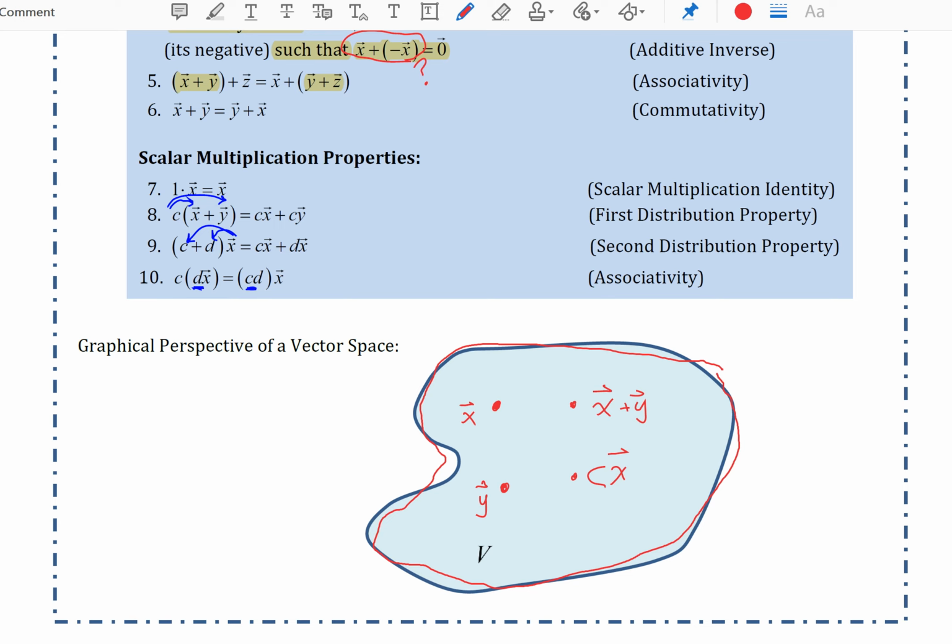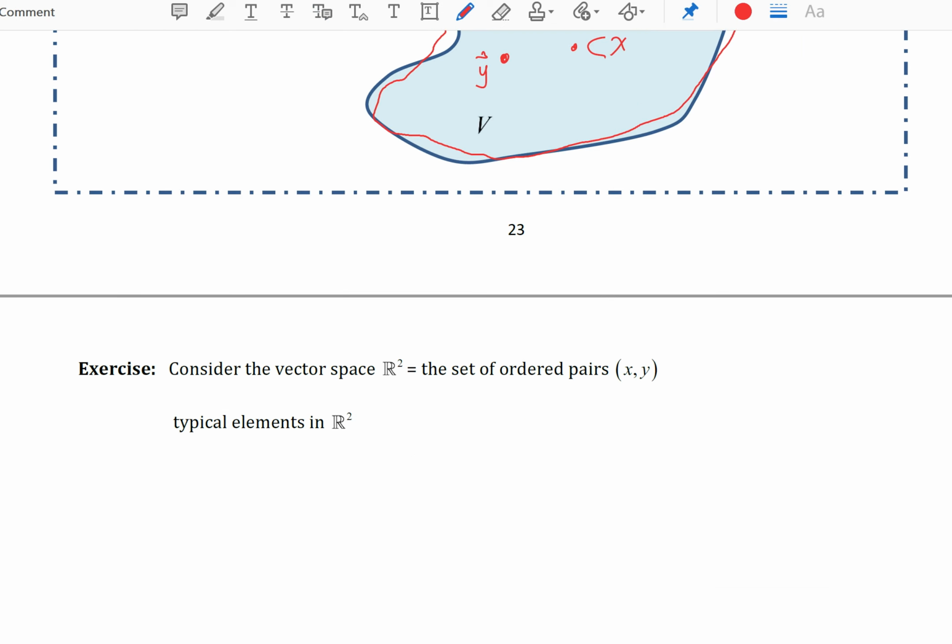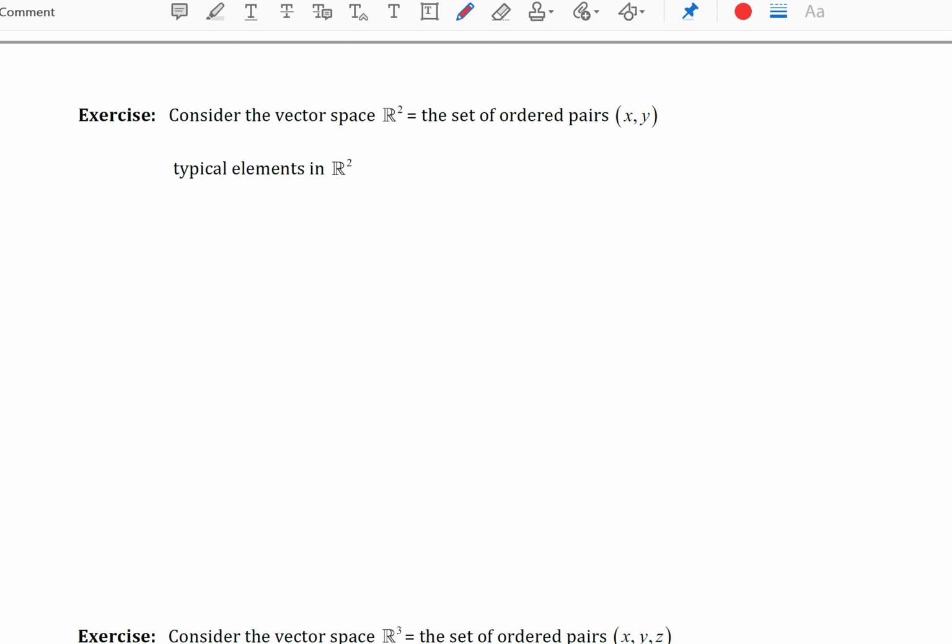Let's look at some first examples. And let's consider our first vector space, referred to as R2, the set of all ordered pairs x comma y. Typical elements in R2 look like this.